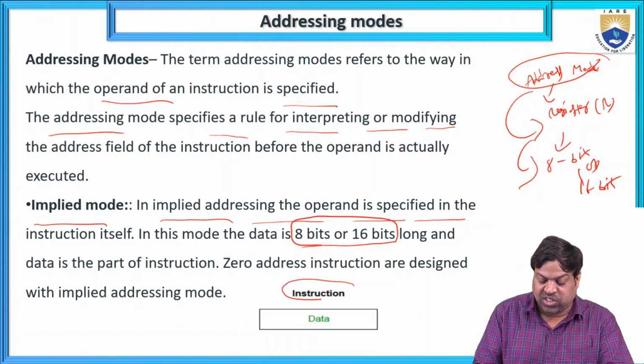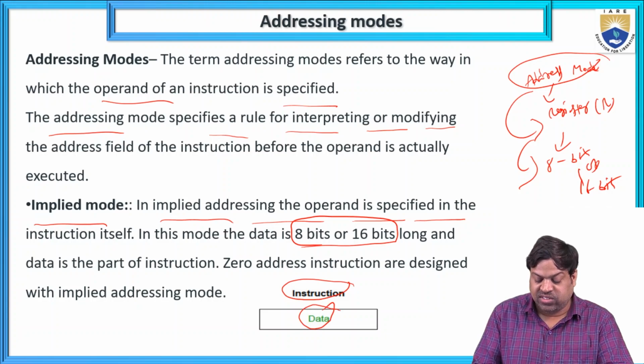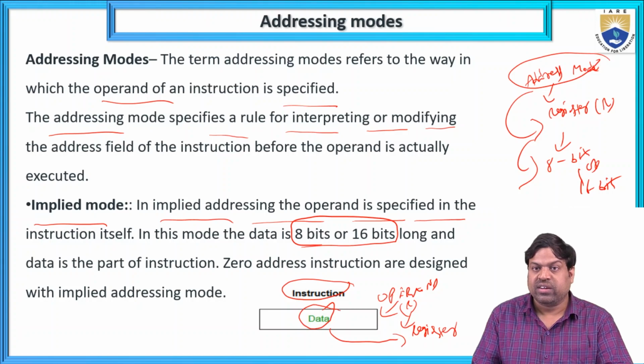Suppose here I am taking one instruction. In that instruction, the data is there, the operand. The data is in the register, so the data is stored in the register. What is the register size?